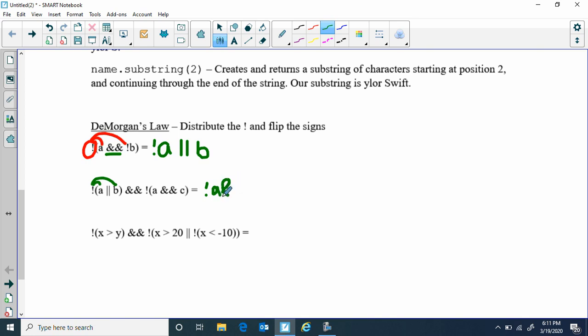So we have and not B. Now there's nothing to distribute to this and, so that just becomes and, nothing changes there.